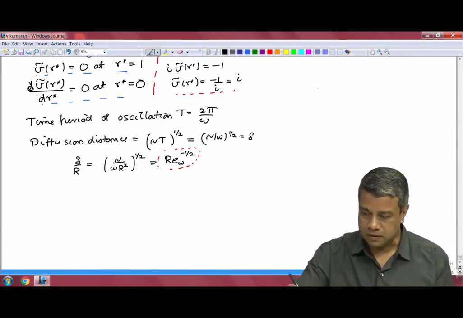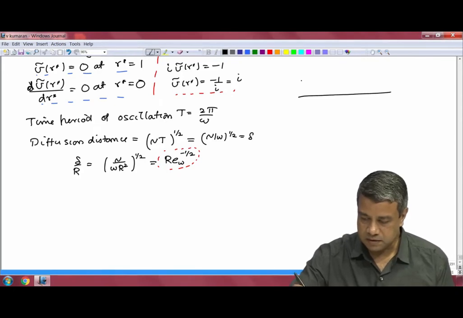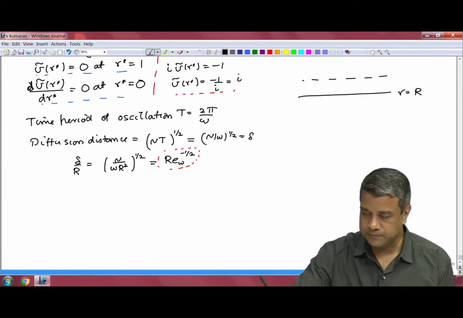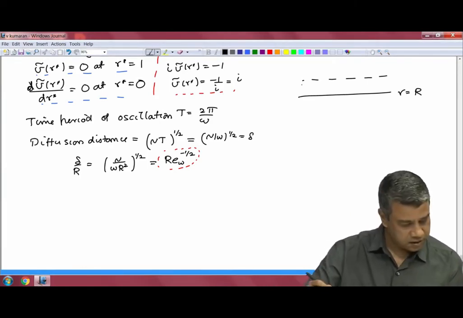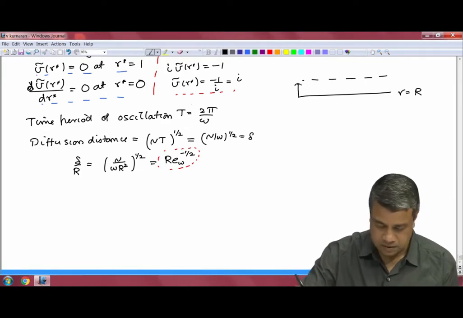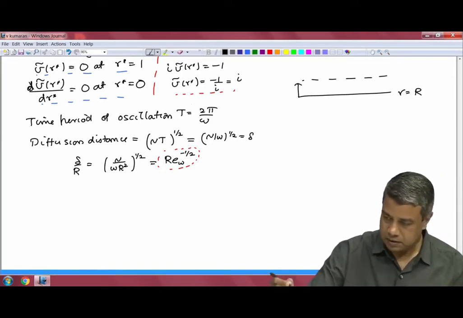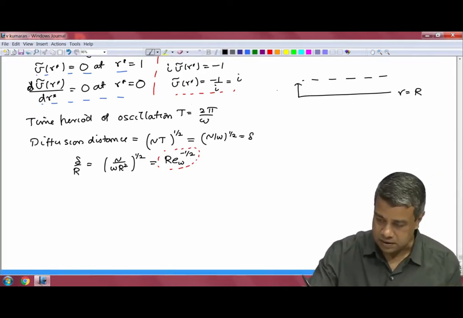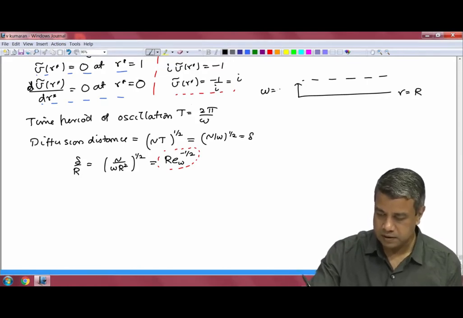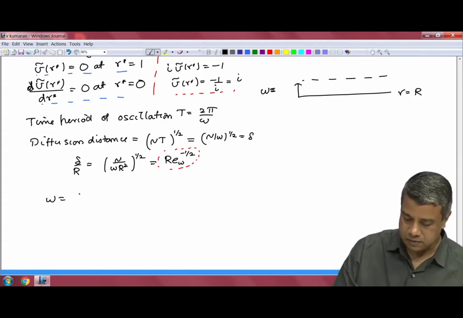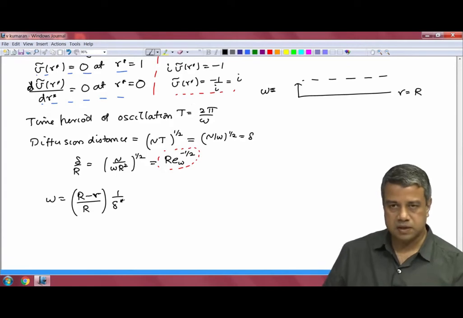We know that if we focus our attention very close to the wall, r is equal to R, and I can take the distance from the wall as a scaled distance, w, where w is equal to r minus R, by R, into 1 over what is called a boundary layer thickness.